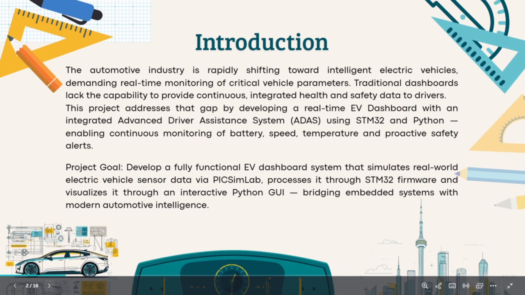Then the data is sent through UART to the Python dashboard, where all the values are shown in real time. The dashboard also gives safety alerts like overspeed warning, forward collision warning, blind spot detection, and fault detection. This project shows how embedded systems and software can work together to improve vehicle monitoring and driver safety.